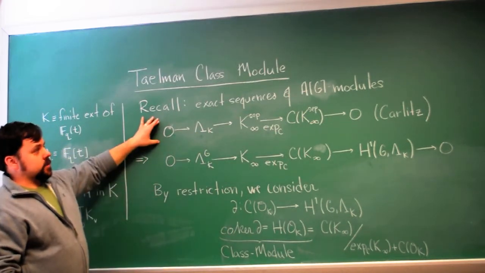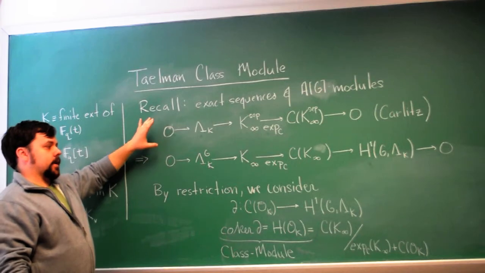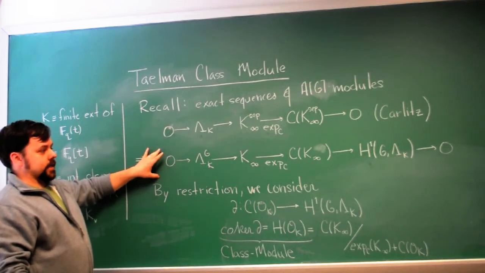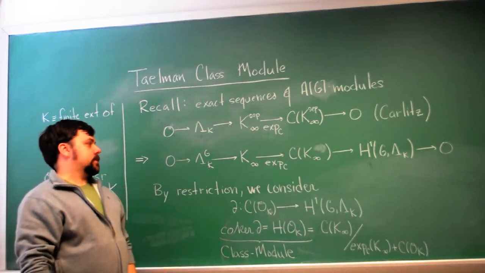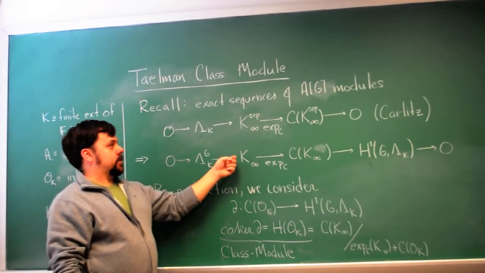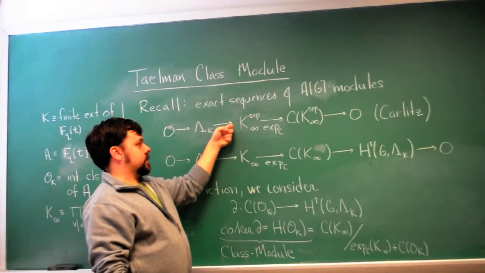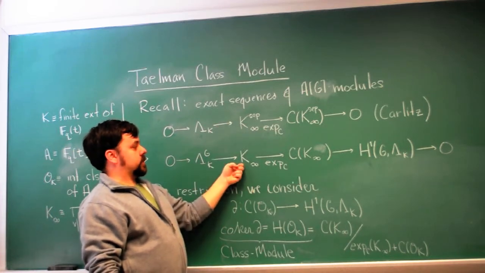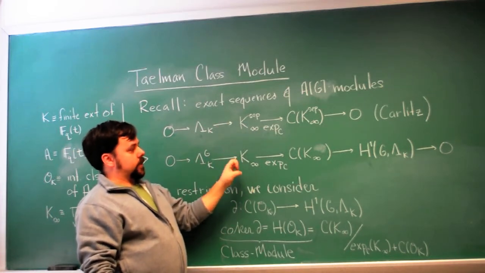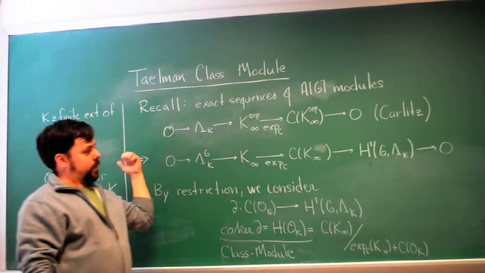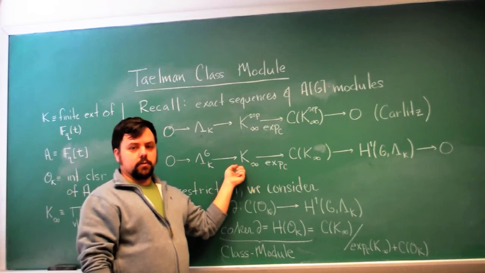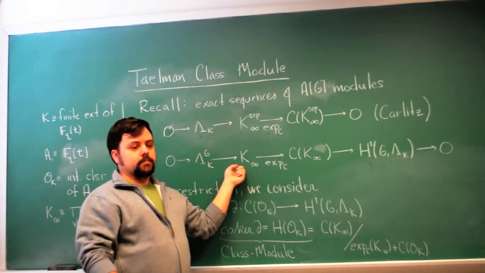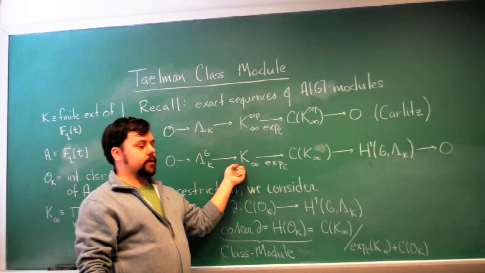From this exact sequence of A[G]-modules, we can derive the longer exact sequence of G-invariants. That's what the superscript G means. Oh, by the way, we didn't talk about it in the notation, but G is the Galois group of the separable closure of K_infinity over K_infinity.